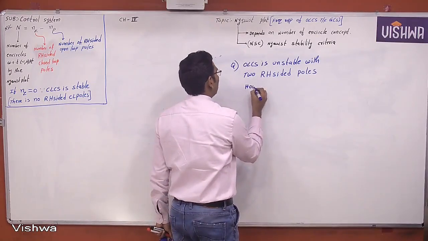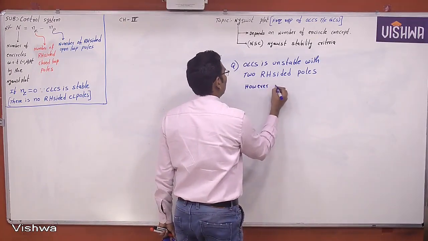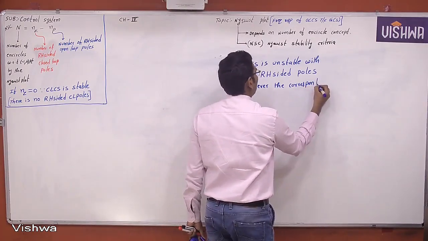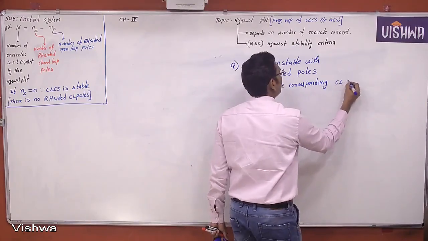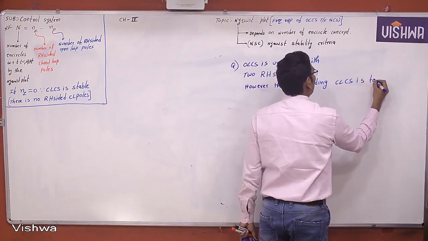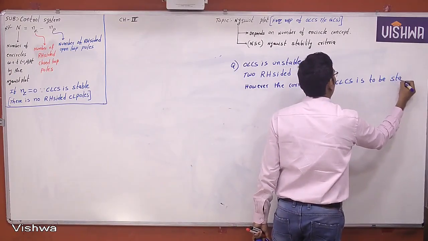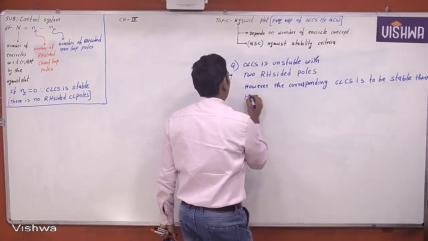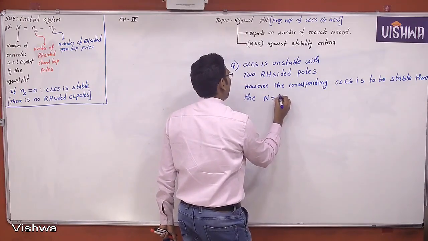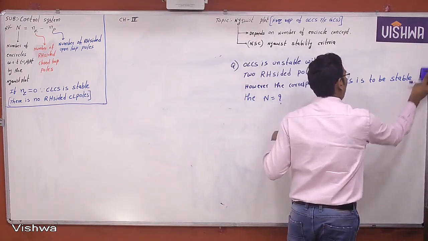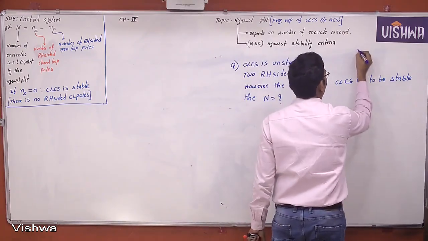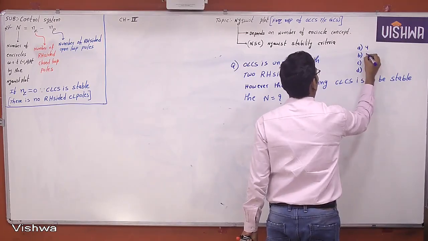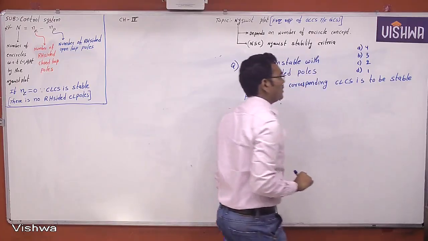However, the corresponding closed loop control system is to be stable. Then what should be the number of n circles? Here the options are also given. These are the options.